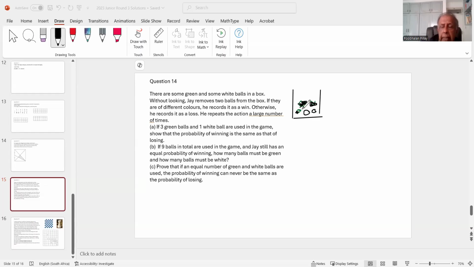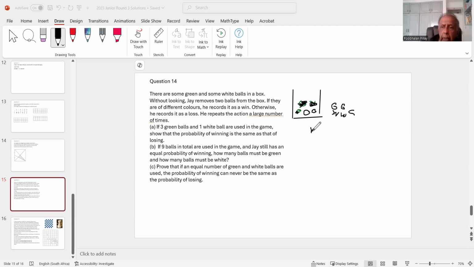Now, what he does is he withdraws 2 without looking. Right? He removes 2 balls. You've got green and white. We don't know how many of them. But without looking, he just takes 2 out from there. If they are different colors, regard this as a win.